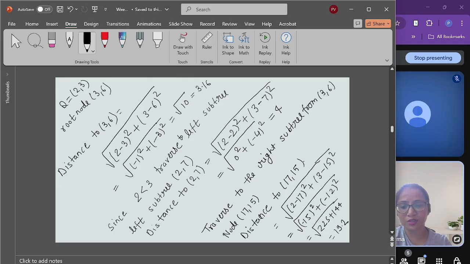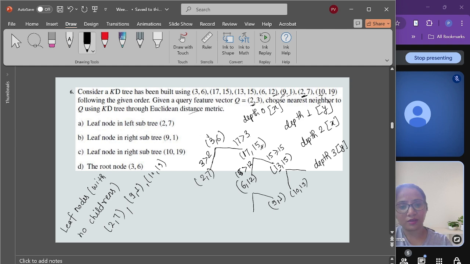Now just check with the other value. Since 3 is less than 15, traverse the left subtree. Okay, 3 is less than the next coordinate, that is 6, 12, so we will first move to the left side. So calculate for 6, 12 and 9, 1 first.